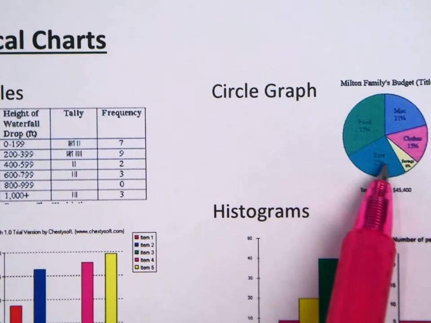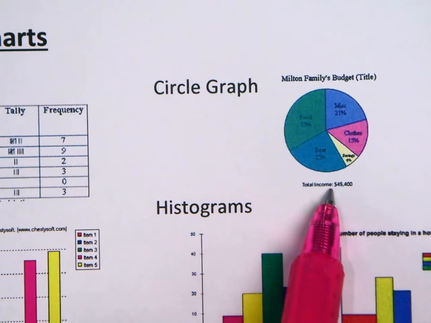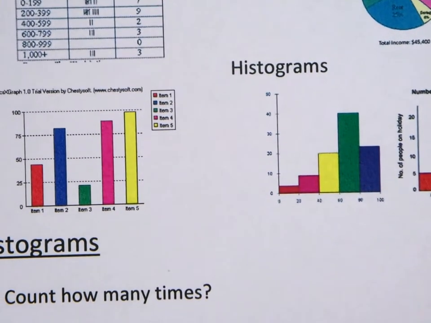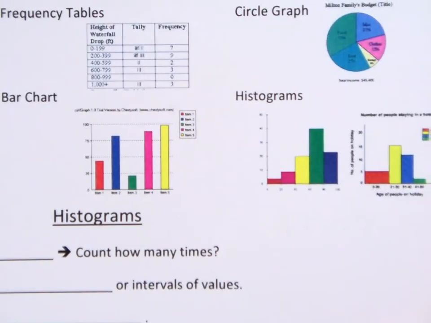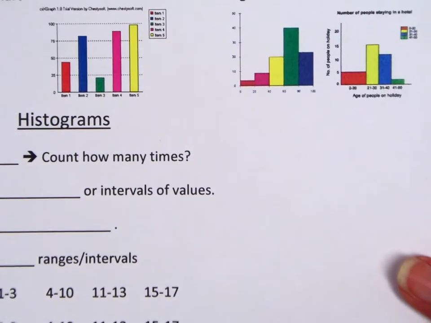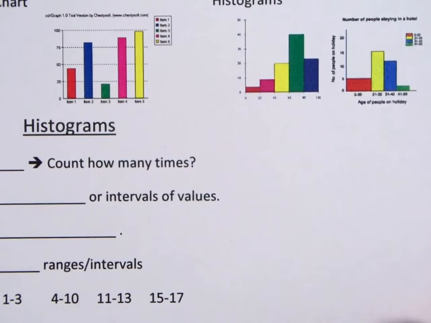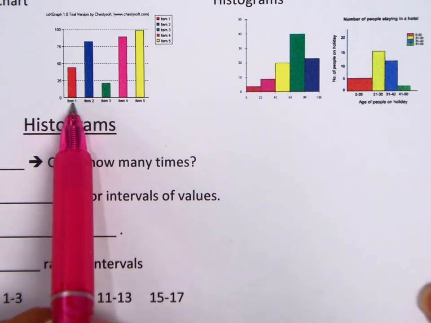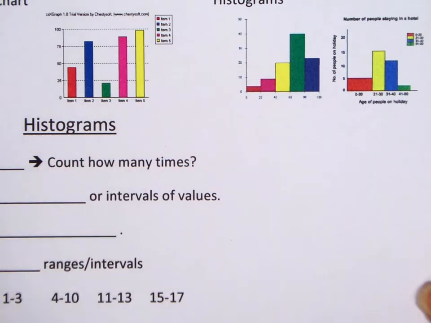And then we have circle graphs. You can use those to make histograms as well. And we have bar charts and histograms. Now look at both of them together and you can see that they are slightly different, so don't get them confused with one another. This one has gaps in between. Each bar represents an item, a number or a word, for instance a color: red, blue, green, pink, yellow.